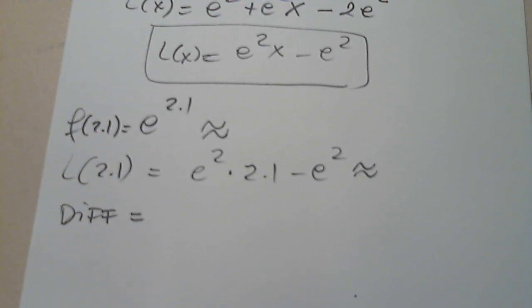So I see both functions. I see e to the x and I see e squared x minus e squared. And all I have to do is determine the value instantaneously by plugging in 2.1. So I have both values right there. Highlight them, copy, let's say 3 decimal digits.